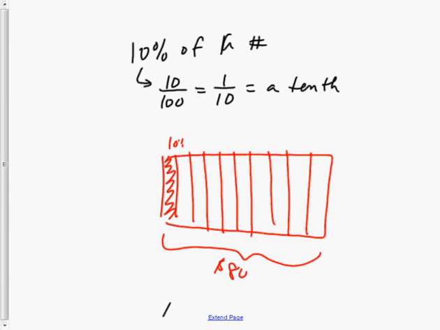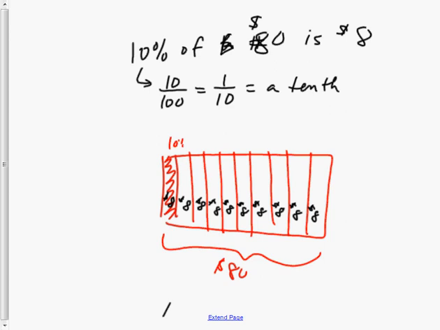If we were thinking about how much each of those bars would be, there's 10 of them, so each of these bars must be $8, because $8 times 10 is $80. So 10% of $80 is $8, or a tenth of $80 is that.